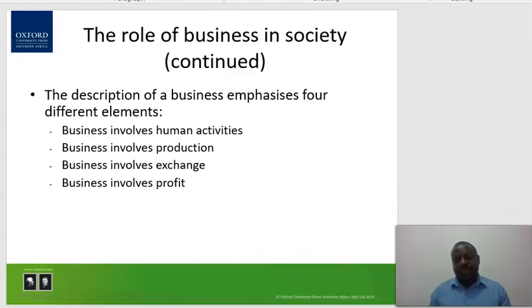It involves production. Business also involves exchange. Here we are saying that when we are describing a business, whatever is produced by a business is not for the business's own consumption. They produce so that they can exchange whatever they produce, be it products or services.